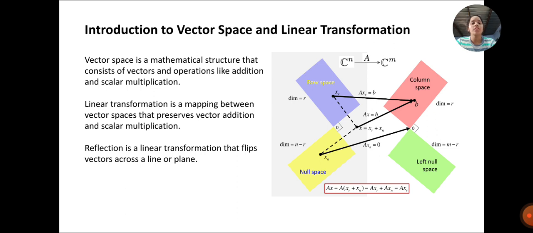Linear transformation is a mapping between vector spaces that preserves vector addition and scalar multiplication. Reflection is a linear transformation that flips a vector across a line or plane.